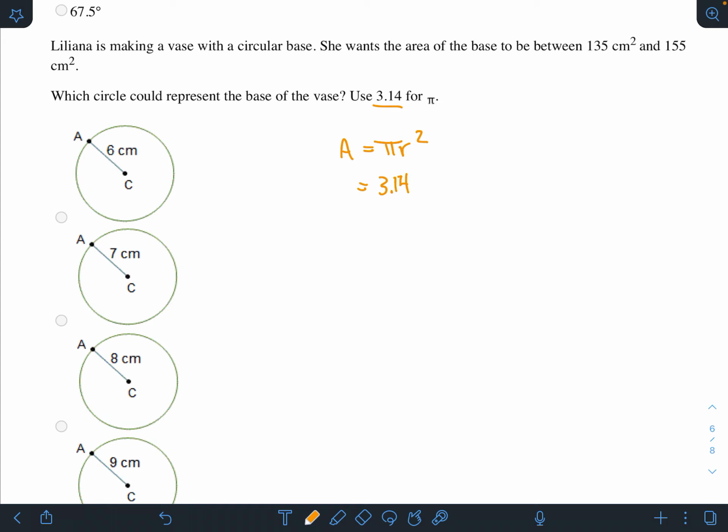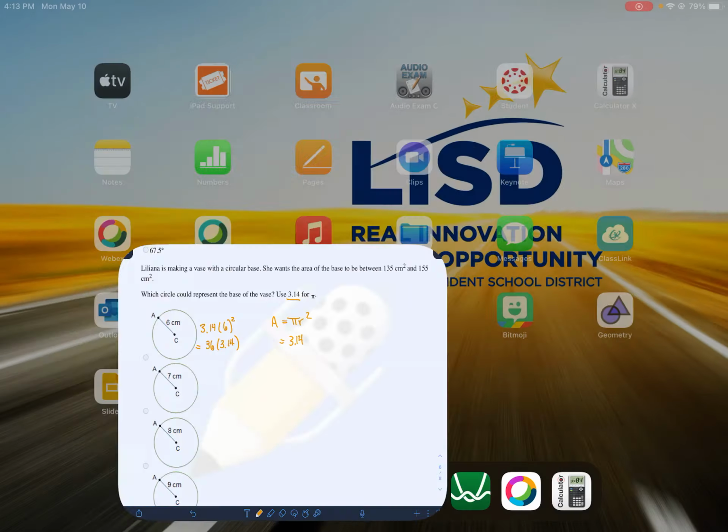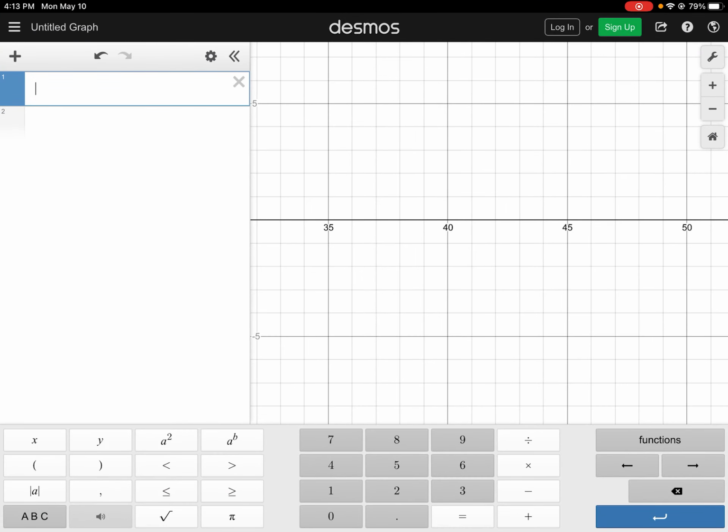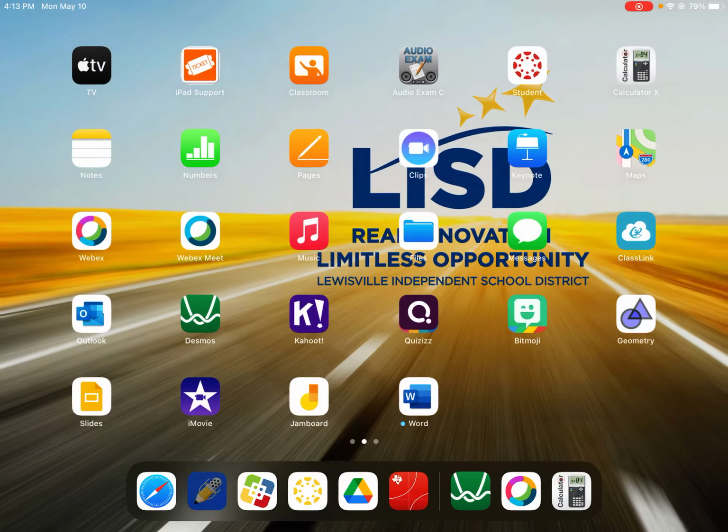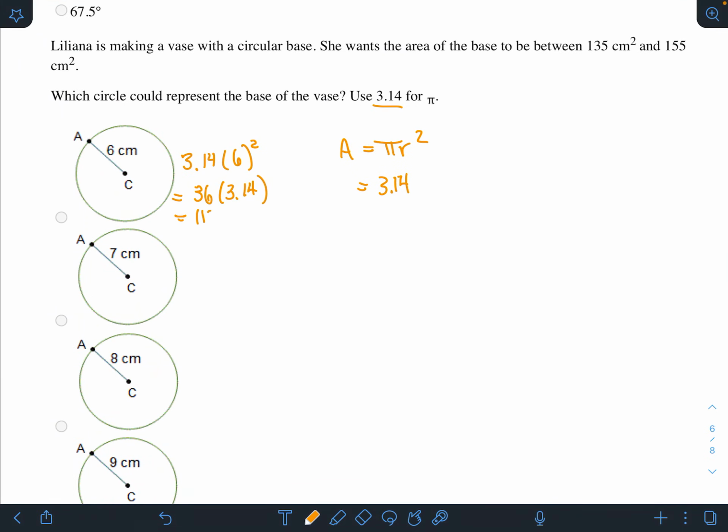So for each of these, what I can do is plug in the radius, and I get 3.14 times 6 squared, and that gives me 36 times 3.14. Let's go ahead and check what that gives me. 36 times 3.14 is 113.04. All right, that's not quite the specification she wants, so let's go ahead and check the next one.